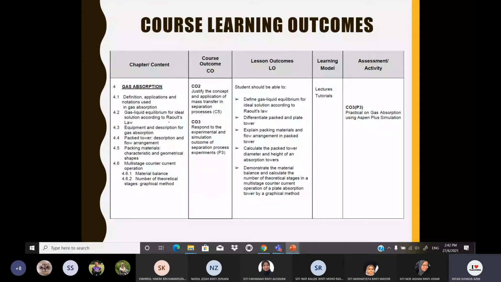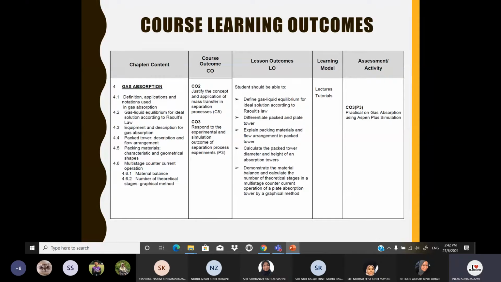Also, we recap Raoult's law, the equipment and description for gas absorption. You will also learn about packed tower, packing material, the characteristic and geometrical shape. And the last one is the multi-stage counter-current operation.